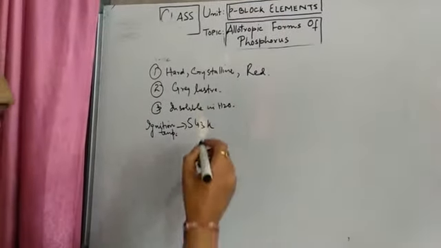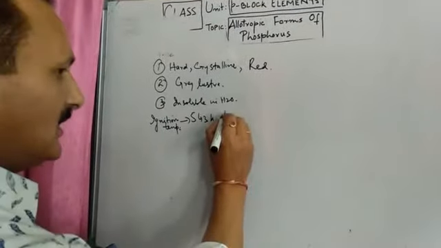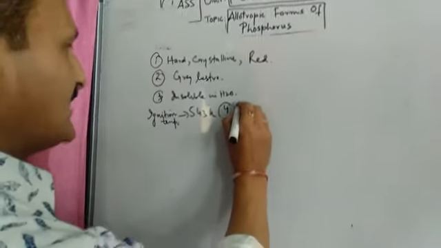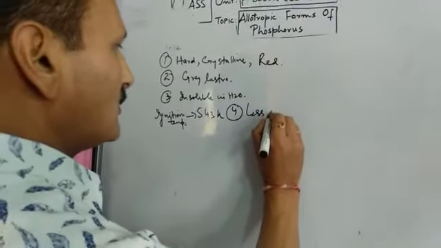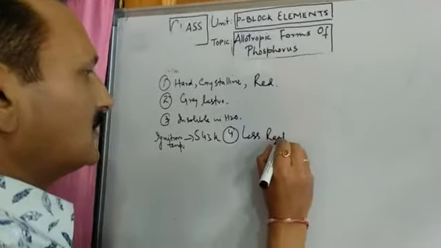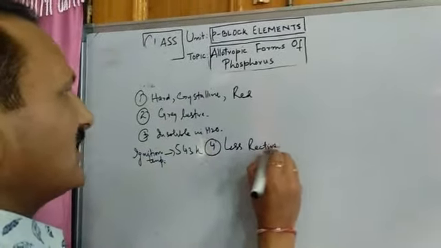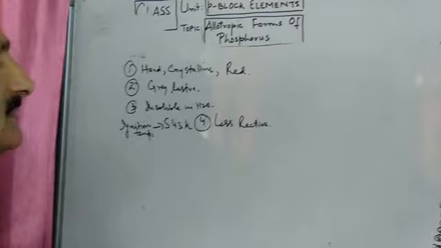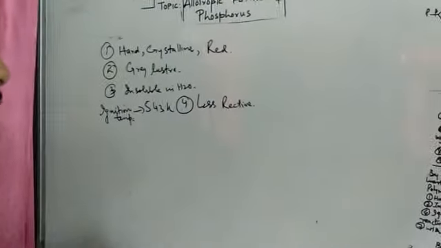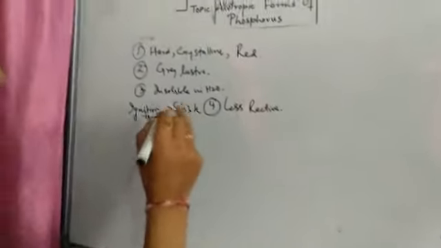Then another property, it is less reactive, while the first allotropic form, white phosphorus, was more reactive compared to this one.